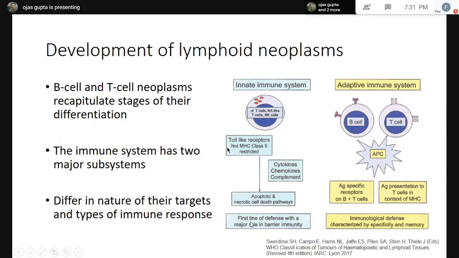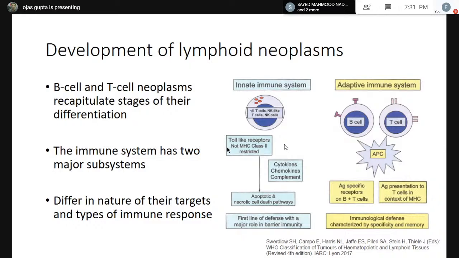The innate immune system is the first line of defense, which has a major role in barrier immunity, including mucosal and cutaneous defenses, and it is mediated by gamma delta T cells, NK-like T cells, and NK cells. Toll-like receptors are used, and then cytokines, chemokines and complements are used to cause apoptosis and necrotic cell death pathways.